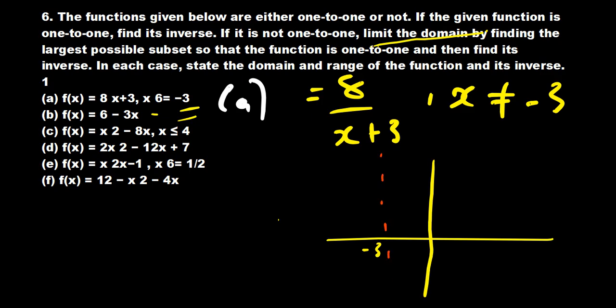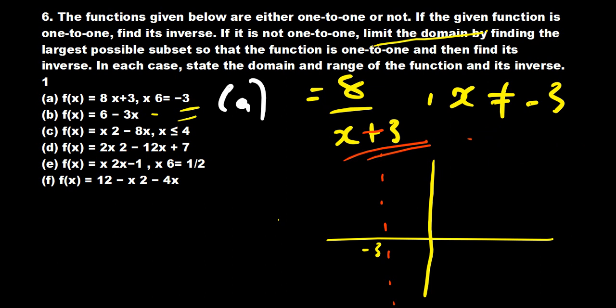Why don't we want -3? Because we don't want the denominator to be equal to 0. If you put -3, -3 plus 3 gives you 0, and you don't want the function to be undefined. So we want everything, but we don't want -3. That's what we're talking about.